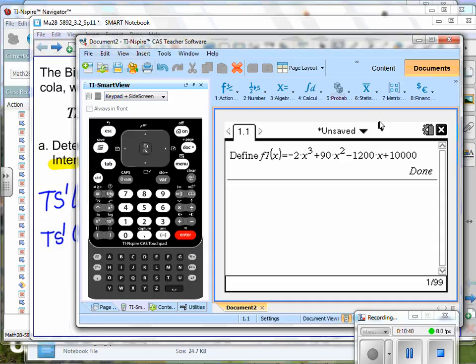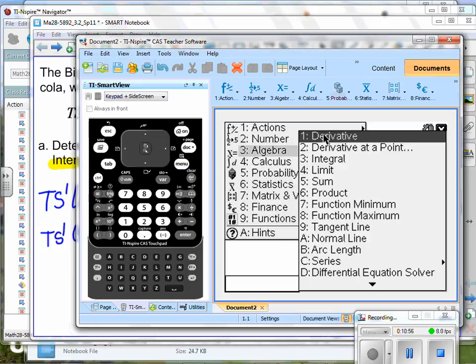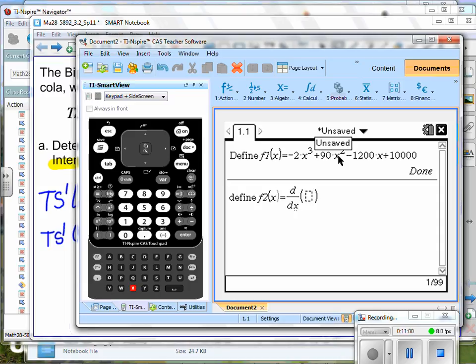And now I'm going to do something else. I'm going to define f2 of x to be the derivative of f1 of x. So define f2 of x. I'm going to go to menu, go to calculus, go to derivative, and I'll just put in x, and I'll put in f1 of x. Let it do it for me here.